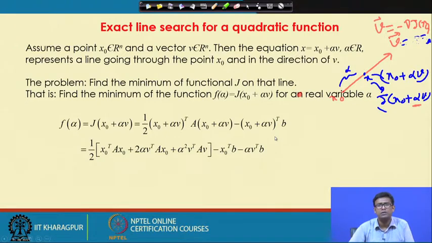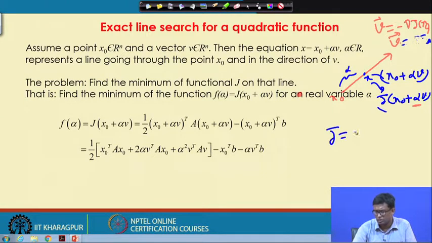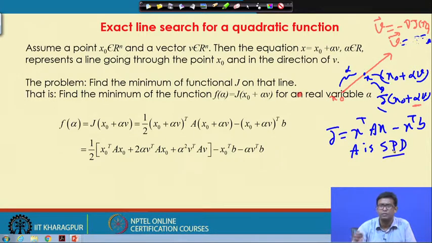So, f of alpha is equal to J of x0 plus alpha v. If we remember the old functional term, J is equal to half of x transpose A x minus x transpose b, and A is a symmetric positive definite (SPD) matrix.